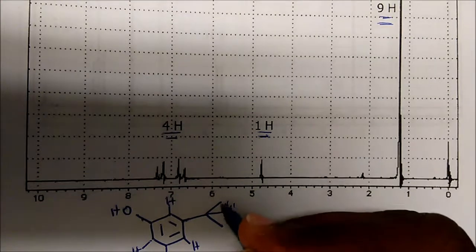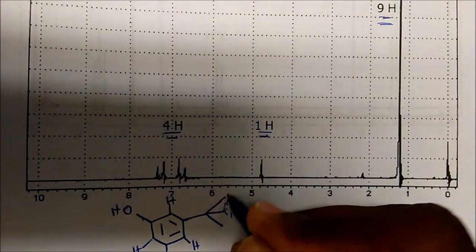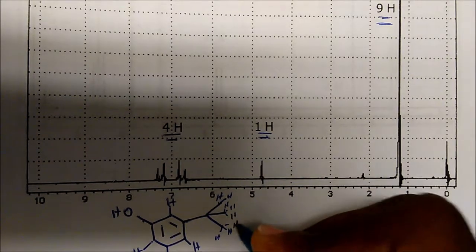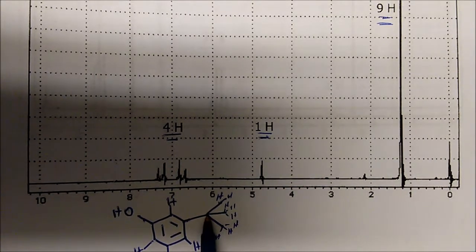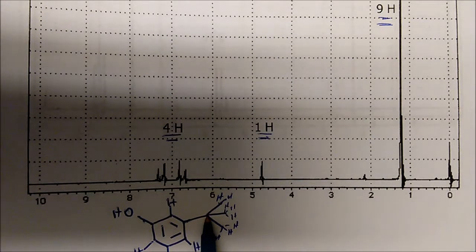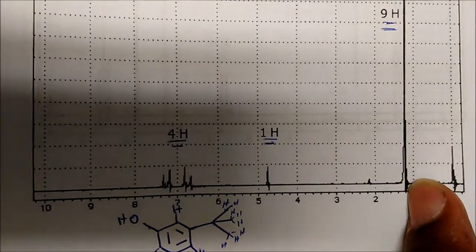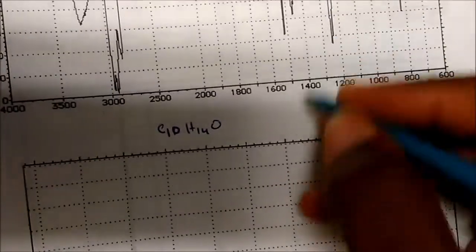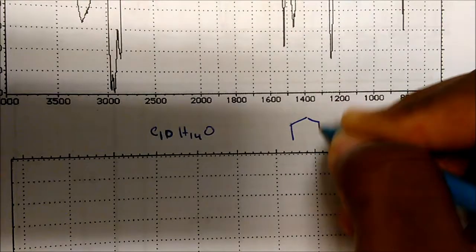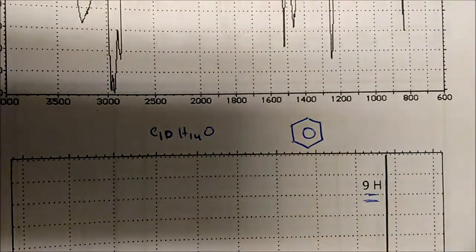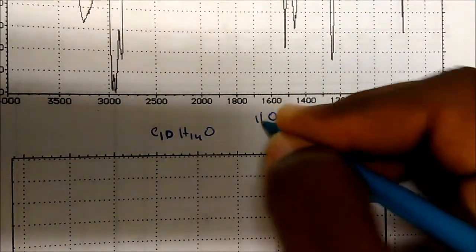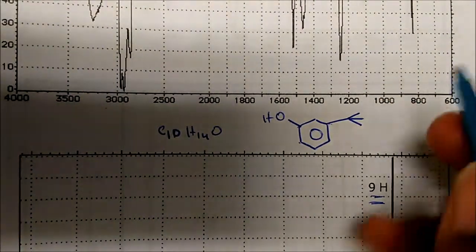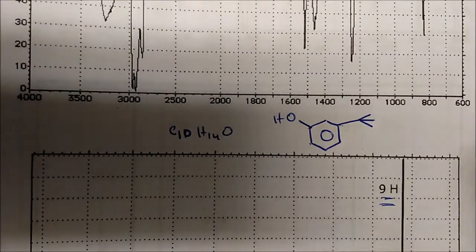Look at it: all these CH3s are equivalent, and the next carbon over has no hydrogens. So let's draw the neutral product. I'm just going to draw it with an O because it's easier, and then we have our tert-butyl group here. So this would be the molecular formula of this compound.